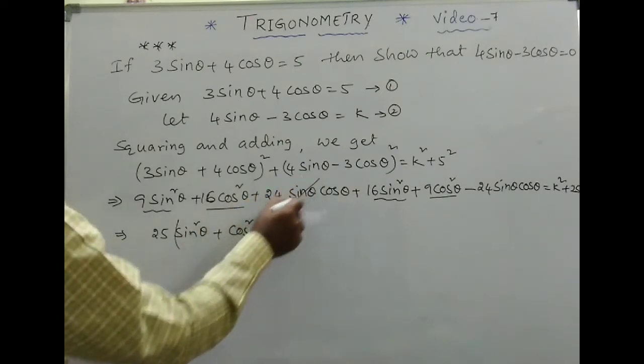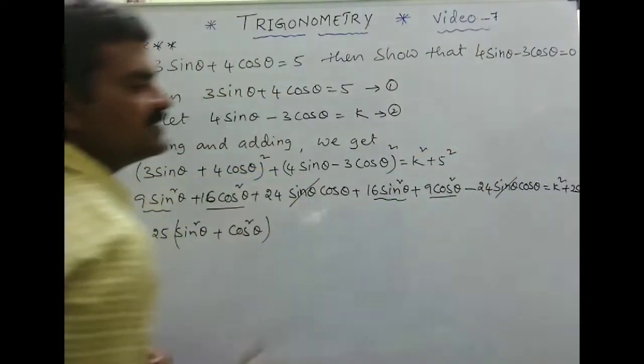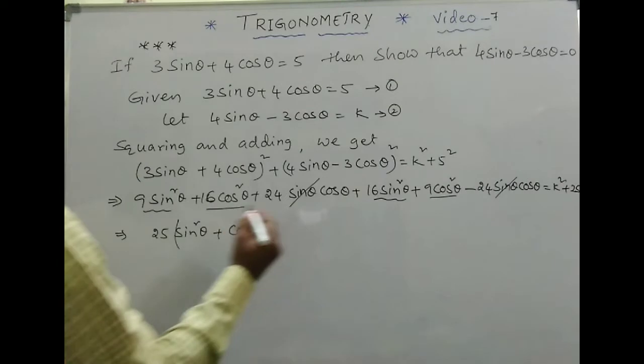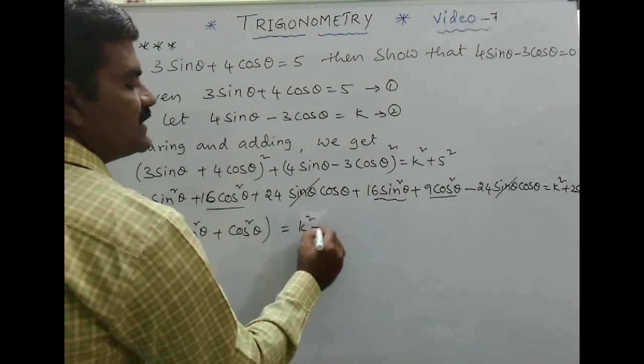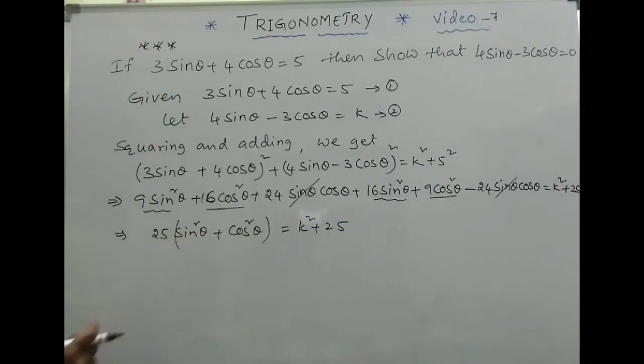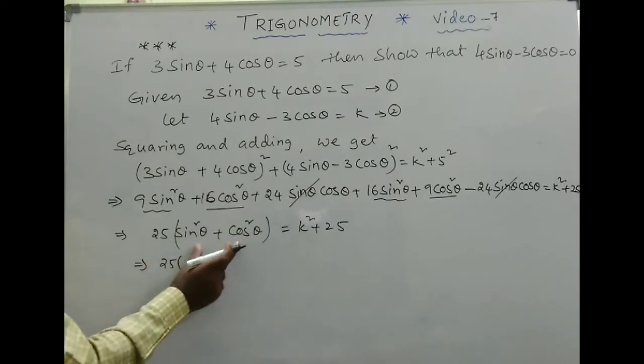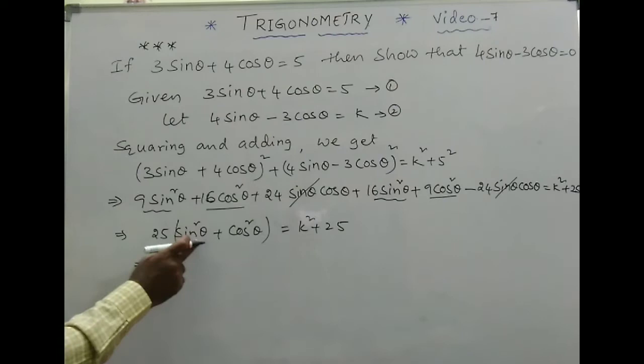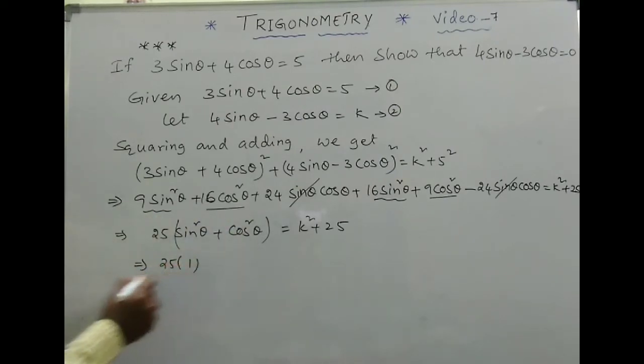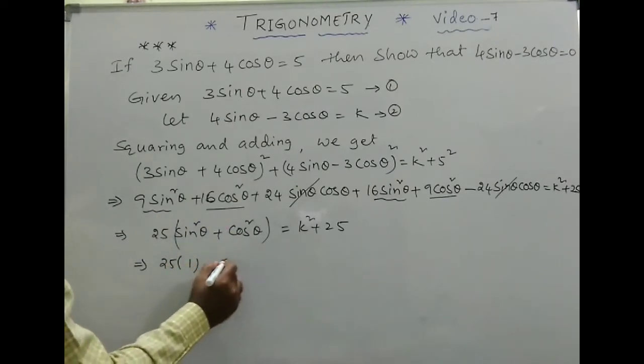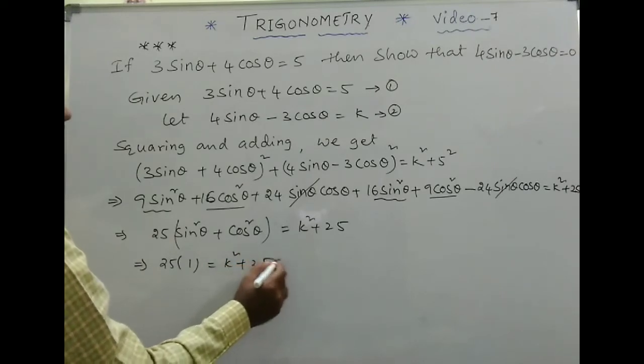And the plus term and the minus term get cancelled, which is equal to k square plus 25. Can you guess the value in this bracket? 25 into sin square theta plus cos square theta, which is an identity, 1. So it is equal to k square plus 25.